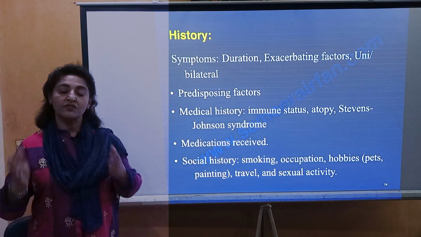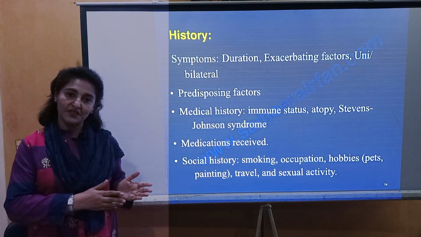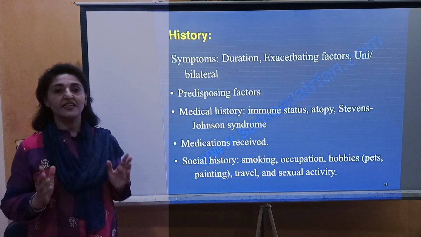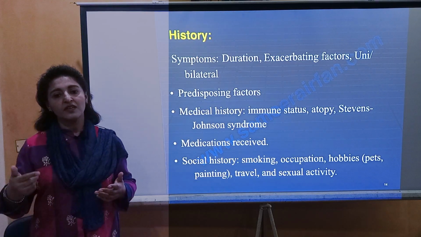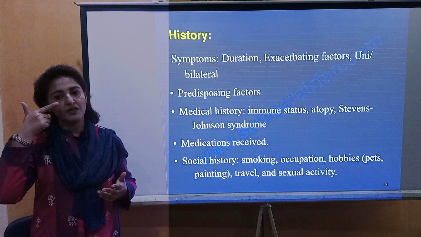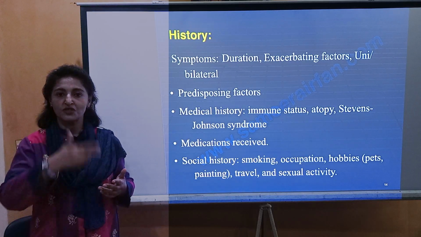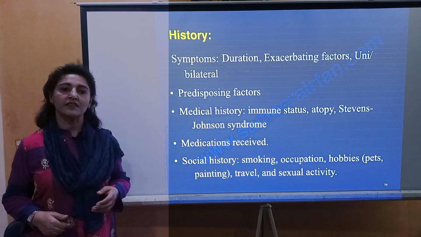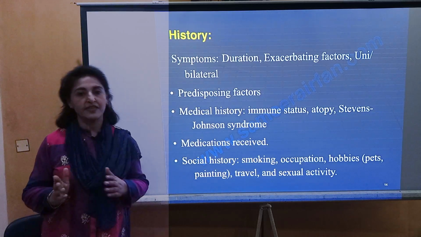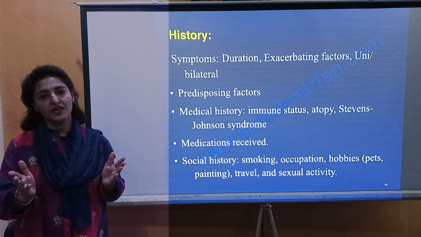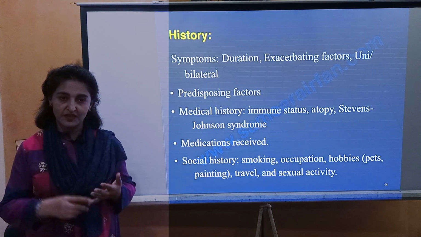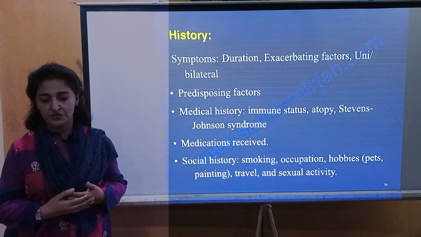Then viral, one eye will be affected and then the other. But bacterial, they are almost always unilateral, unless a person rubs the eye, the discharge from one eye goes and infects the other eye. But usually all bacterial, they are unilateral conjunctivitis. So looking at if both eyes are affected, you can have a clue of the diagnosis.